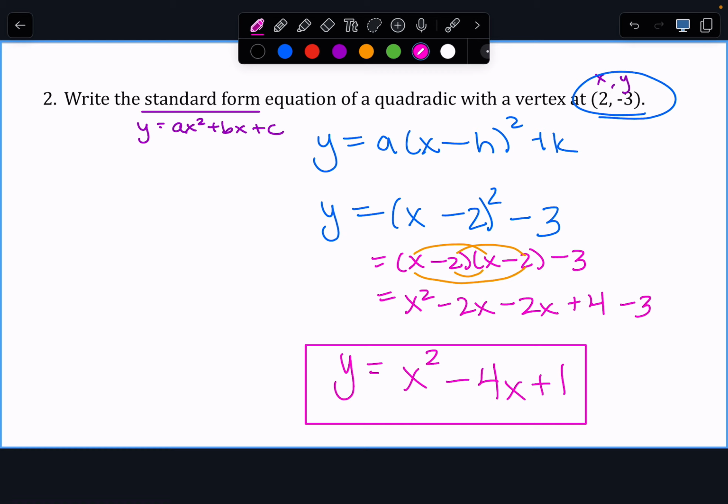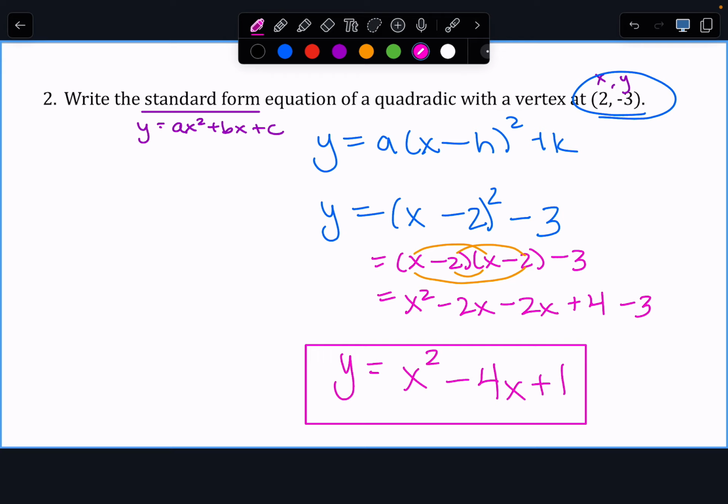Instead of focusing on the exponent, I rewrote the exponent as this times itself, so we didn't have to use any of our exponent rules. And we had a -2 times a -2 got us a +4.